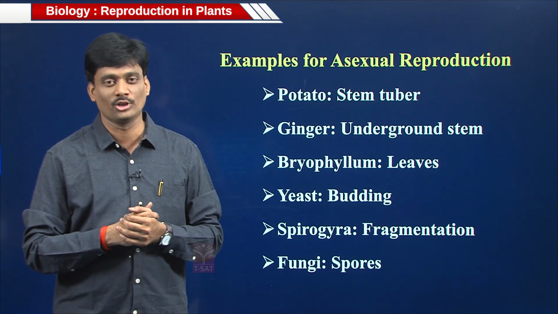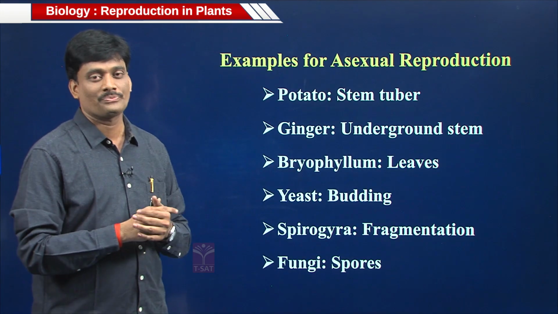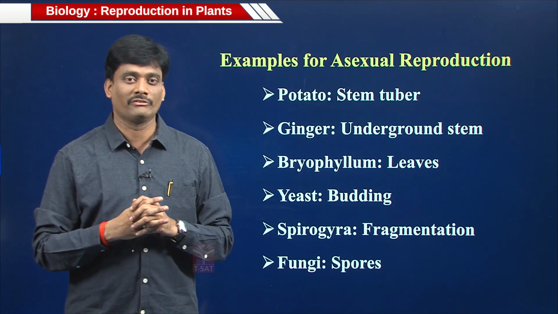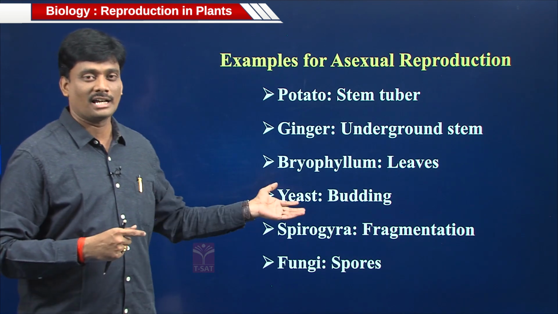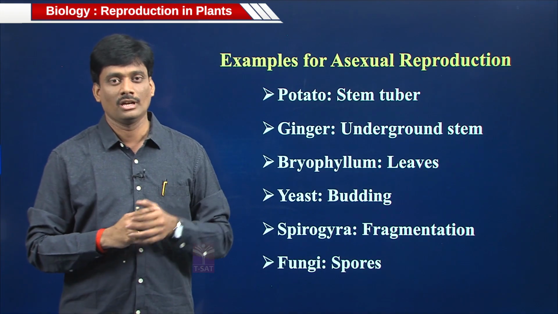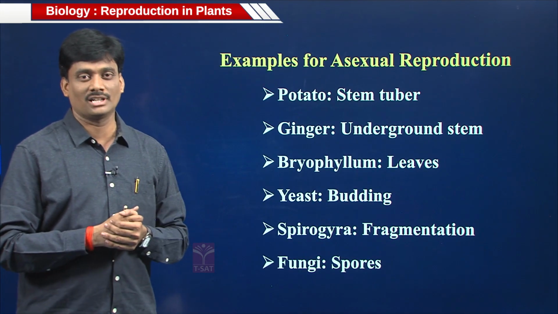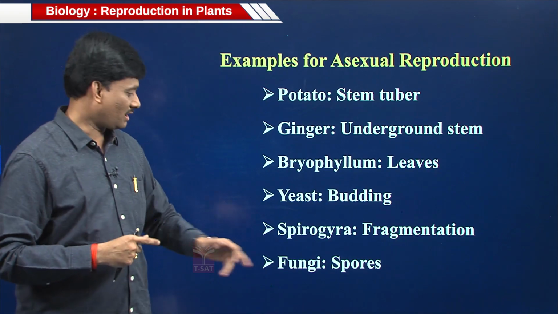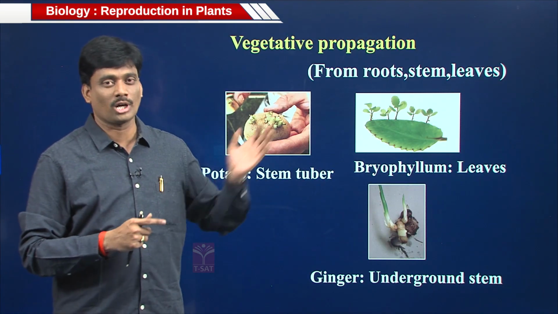Next we have algae, that is Spirogyra. By the process of fragmentation, new Spirogyra is produced. And in fungi, by the process of spore formation, new fungi are formed. These are the methods of asexual reproduction.